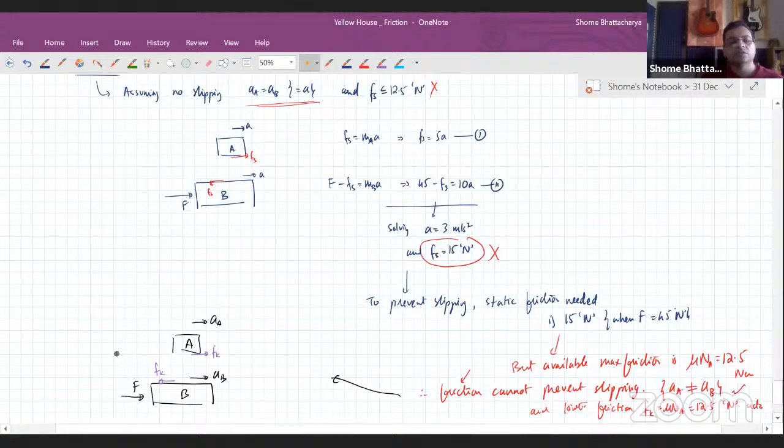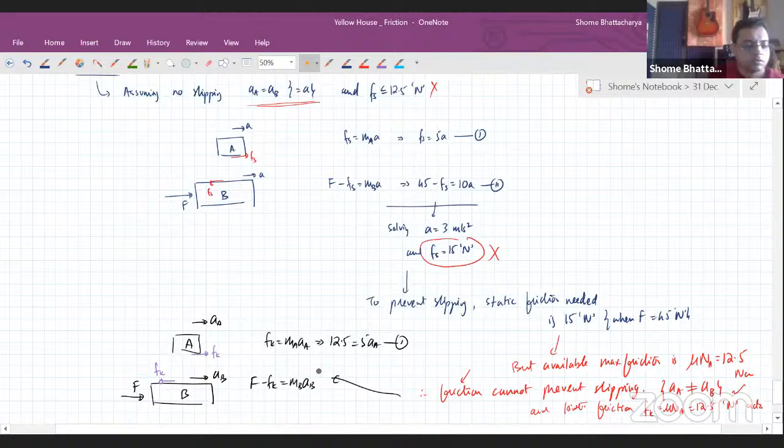So a new set of equations will become: 12.5 newtons equals 5 times acceleration of A. And for this one, we'll have F minus kinetic friction, so 45 minus 12.5 equals 10 times the acceleration of B. Now from equations 1 and 2, we will get the individual accelerations.